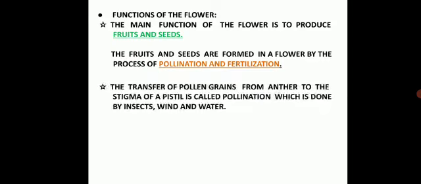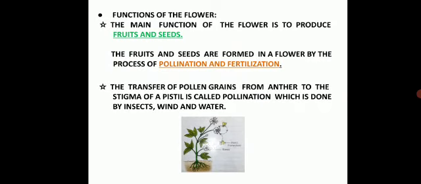The transfer of pollen grains from anther to the stigma of a pistil is called pollination, which is done by insects, wind and water. In this picture you can see the insect, which is the honey bee. It is carrying the pollen grains from anther to the stigma of a pistil.